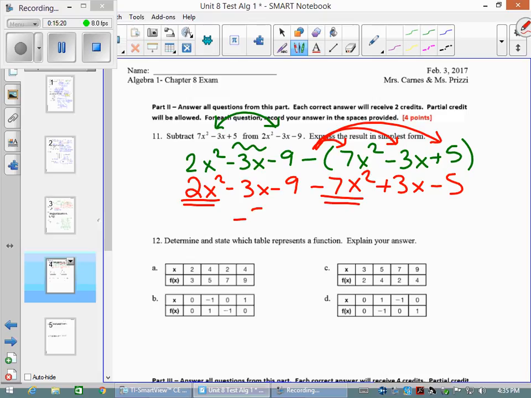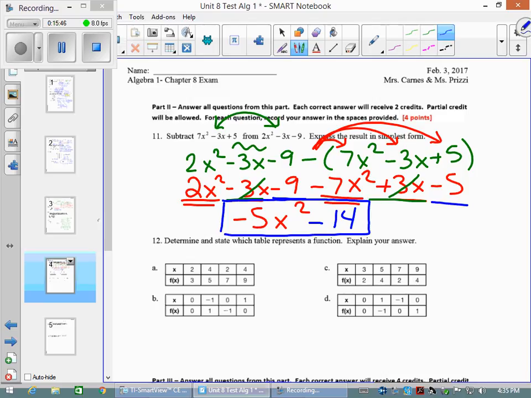I have a negative 3x and a positive 3x. Those terms actually cancel each other out, so I don't have a term there. And then I finally have a negative 9 and a negative 5, so I end up with negative 14. So my final answer is negative 5x squared minus 14.